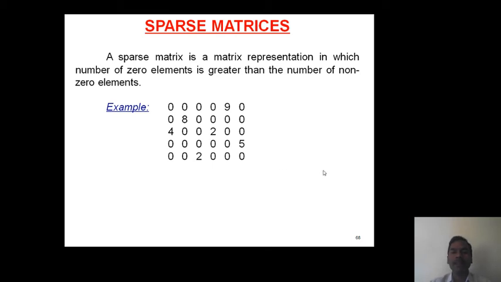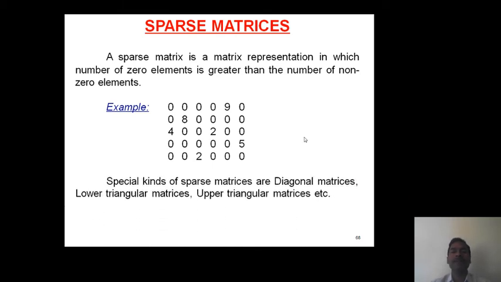From the mathematics point of view, different types of sparse matrices are available, which are special kinds of sparse matrices like diagonal matrices, lower triangular matrices, upper triangular matrices, etc. Here observe.